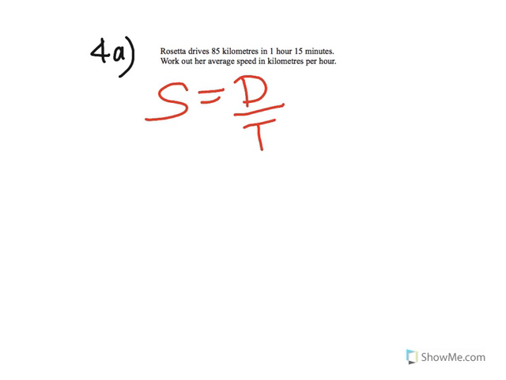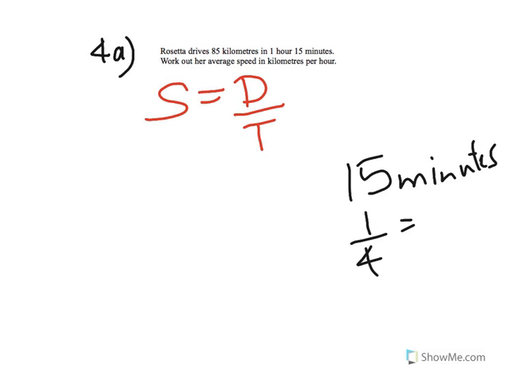So if I was to write time, especially time, you can't write 1.15 because that is not exactly the time in hours, because 15 minutes is actually a quarter of an hour, so it's 0.25 of an hour, right?